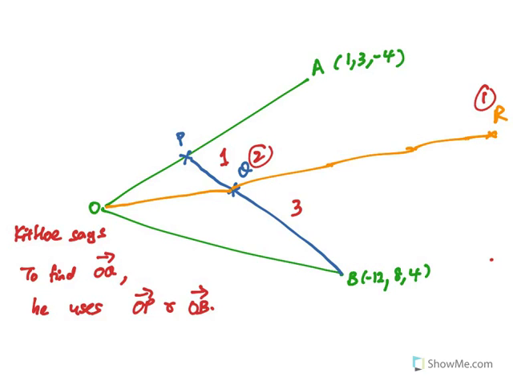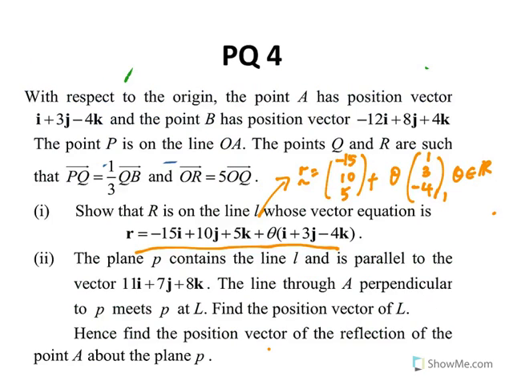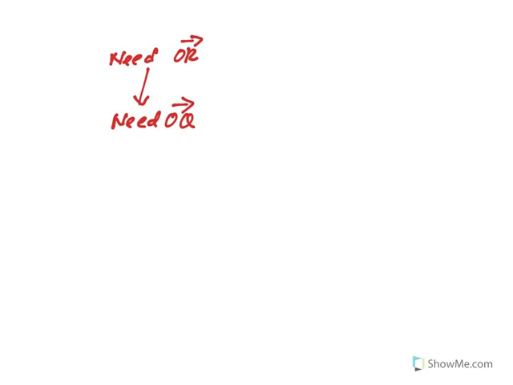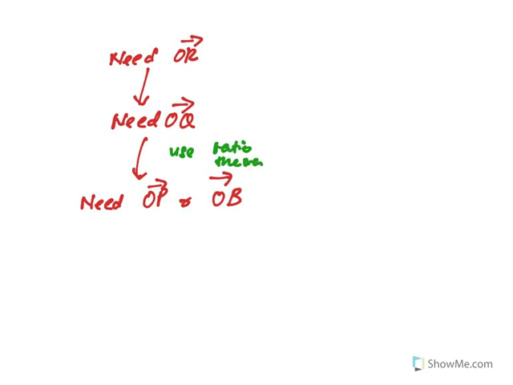Every time you see a fraction, what do you suspect? Ratio theorem. A fraction is a ratio, correct? So to find OQ, you need OP and OB, and then you use the ratio theorem. That is the thinking process.